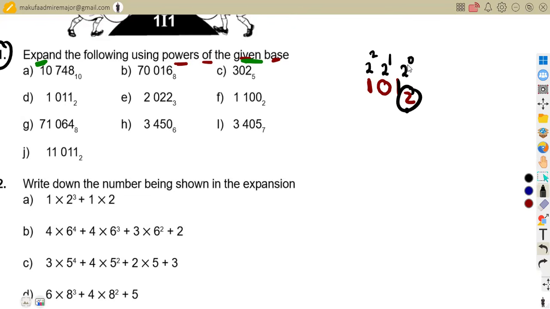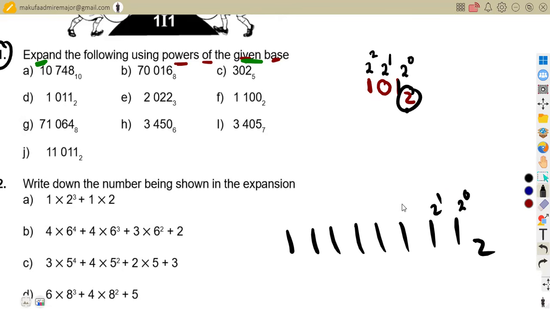Each and every number is affected by the given base. Meaning to say, 1 1 1 1 1 1 1 in base of 2 will be affected 2 to the power of 0, 2 to the power of 1, 2 to the power of 2, 2 to the power of 3, up to the last digit.